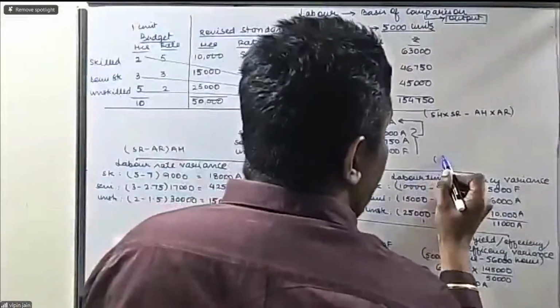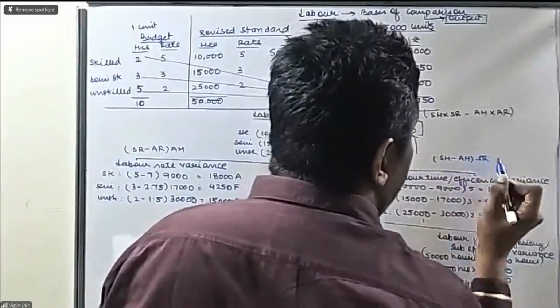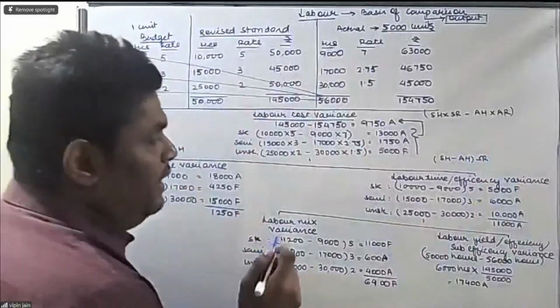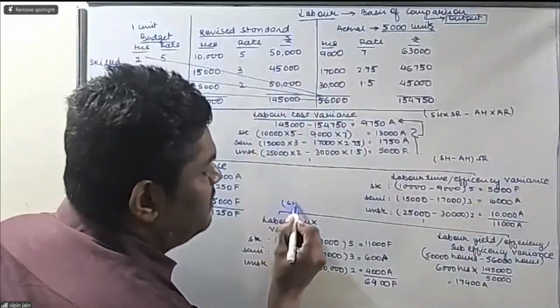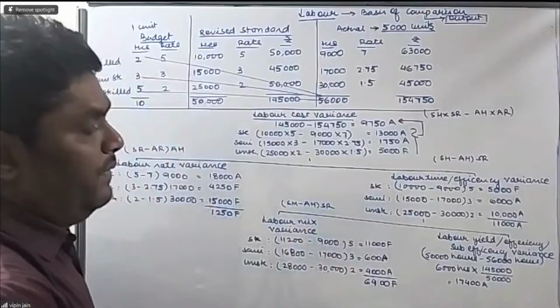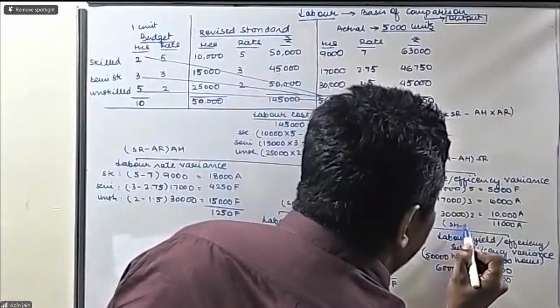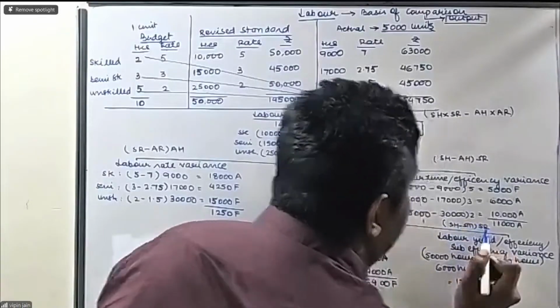In time also, it will be standard hours minus actual hours into standard rate. In mix also, it will be standard mix minus actual hours into standard rate. And in case of yield, it will be standard hours minus standard mix into standard rate.